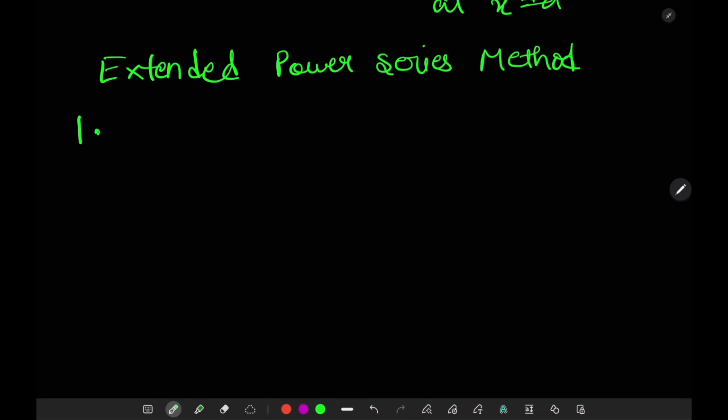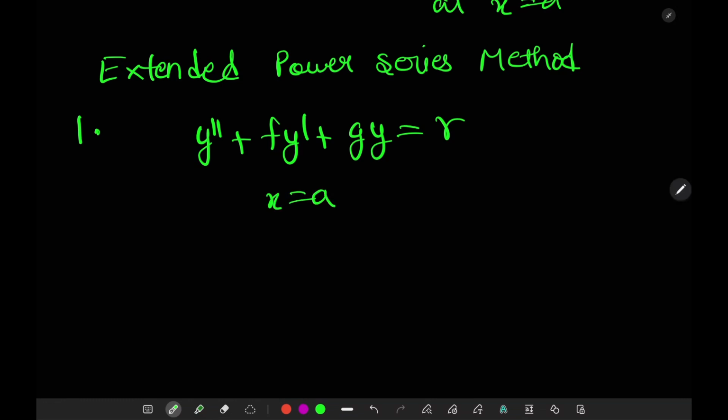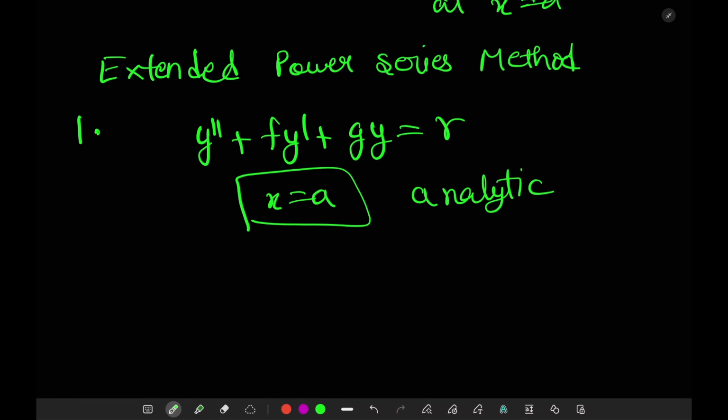Theorem 1: if f and g in the differential equation are analytic at x equal to a, then every solution of the above differential equation is analytic at x equal to a, and can be represented by a power series in powers of x minus a with a radius of convergence.